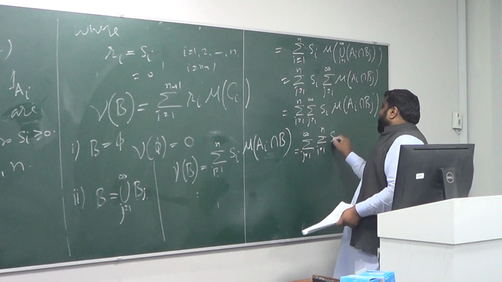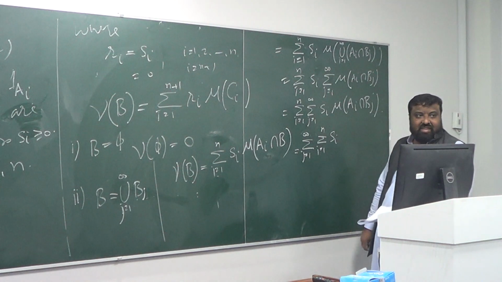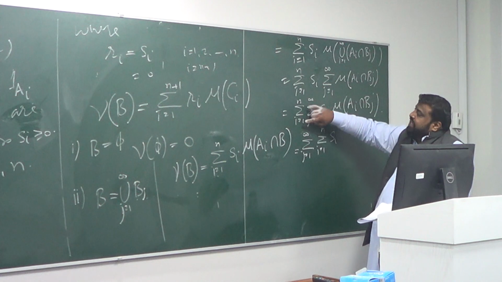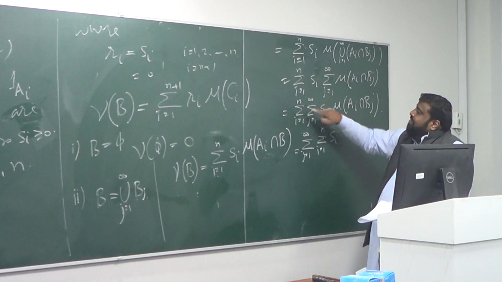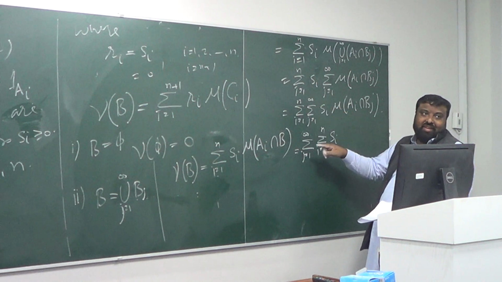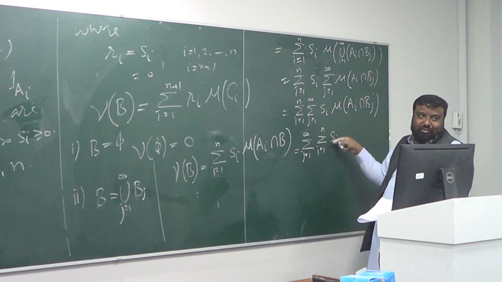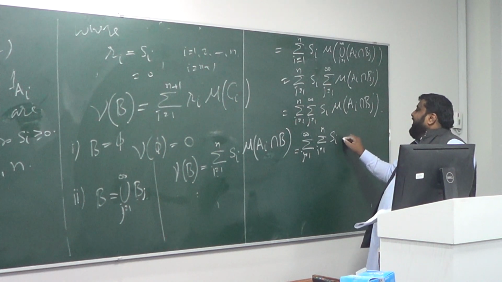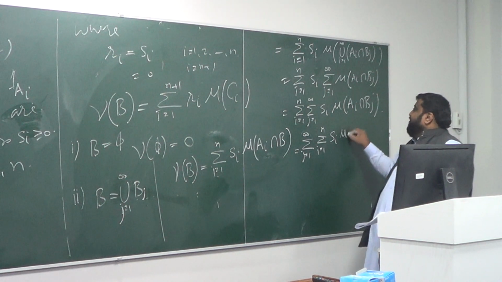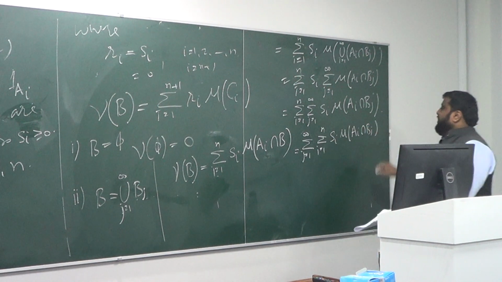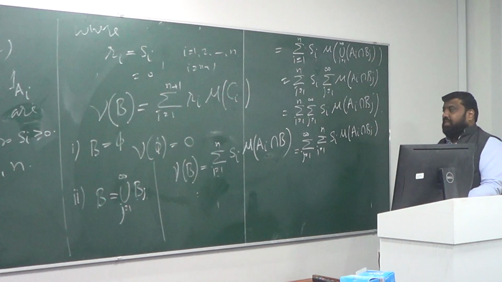Here I'm saying that the finite sum of these infinite sums is the same as the infinite sum of the finite sums: s_i and mu of A_i intersection B_j. Agree?